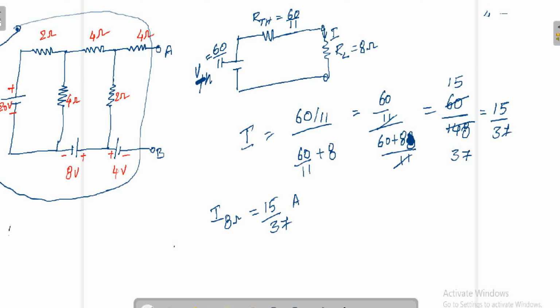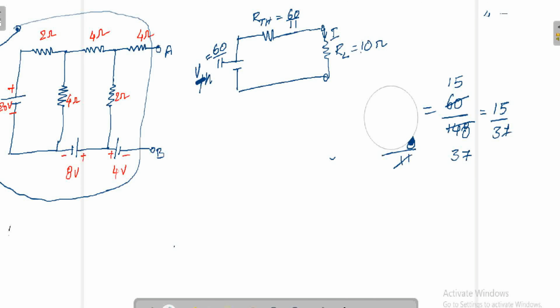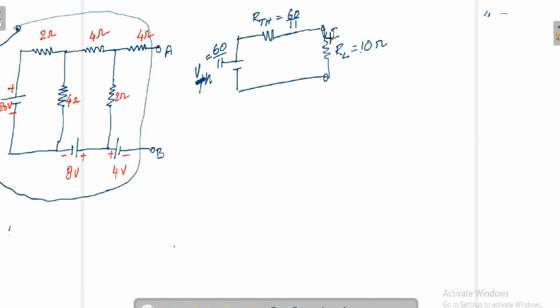Here you see the comfort: if I change this value to 10 ohms, what is the procedure? Again do we need to find VTH and RTH? No, directly find the current through RL.